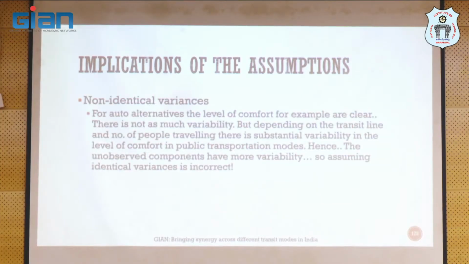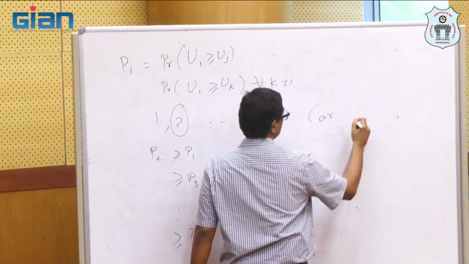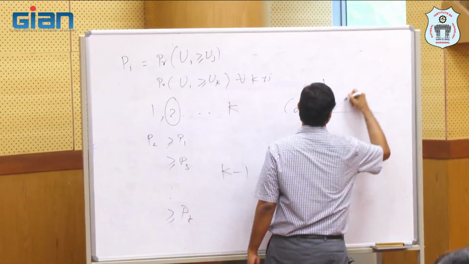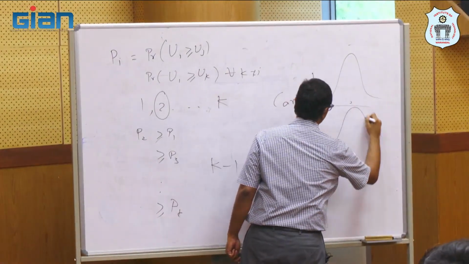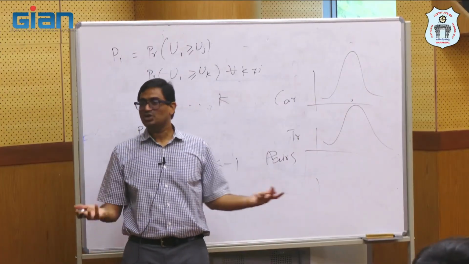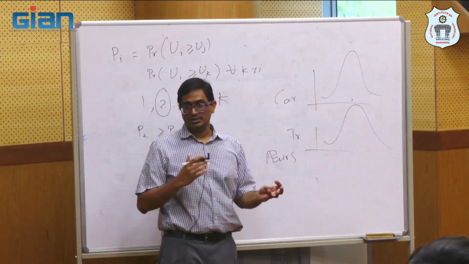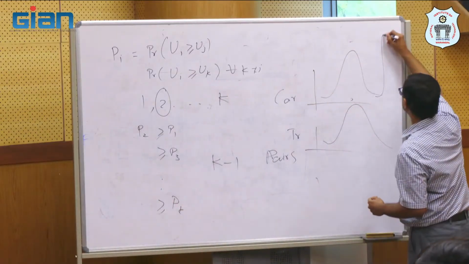Then we are also assuming that the variances of all epsilons follow the same distribution. So what that means is, if my error for car looks like this, my error for transit should also look exactly like this for all alternatives, all people. Right? That is not possible. For some people, if I like the car mode, maybe I'm like this.